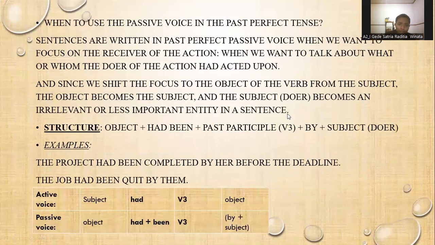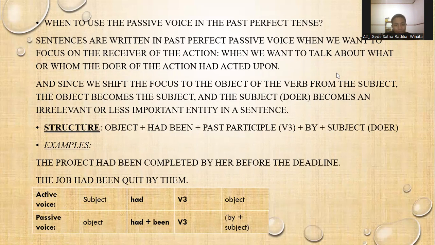When to use the passive voice in the past perfect tense. Sentences are written in the past perfect passive voice when we want to focus on the receiver of the action, on what or whom the action was exerted upon. Then we shift the focus to the object of the verb from the subject. The object becomes the subject, and the subject becomes a less important entity in the sentence.